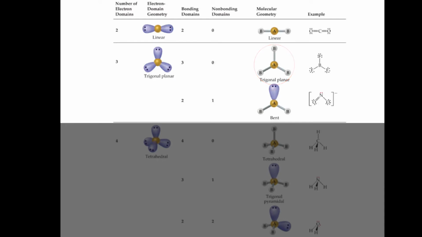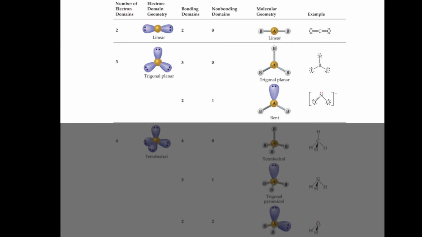But there is an adjustment that we have to make to this angle in cases where we have the bent molecular geometry. You see, the electron domain that is the lone pair actually provides more repulsive force against the other 2 bonding domains than a bonding domain would have in the first case.